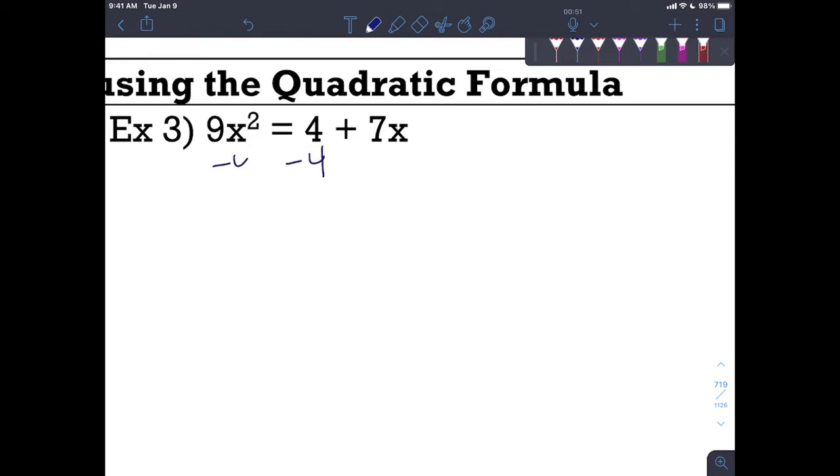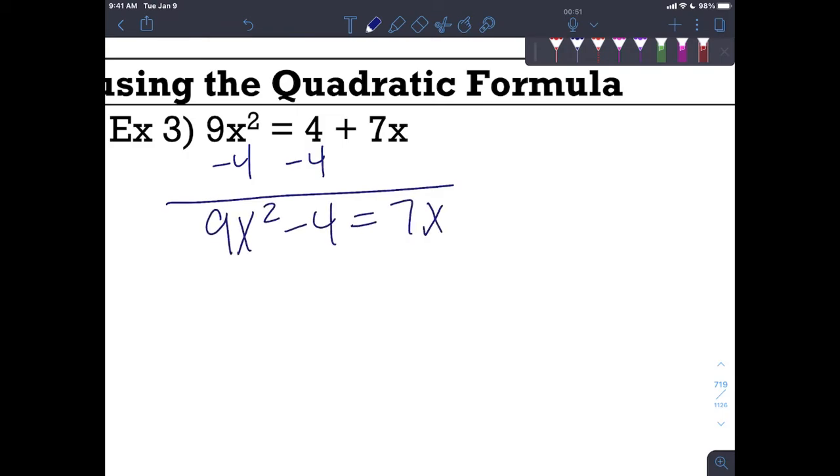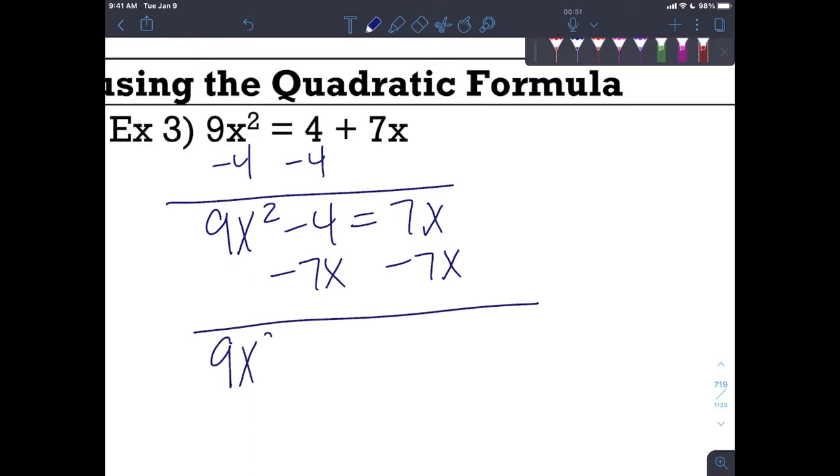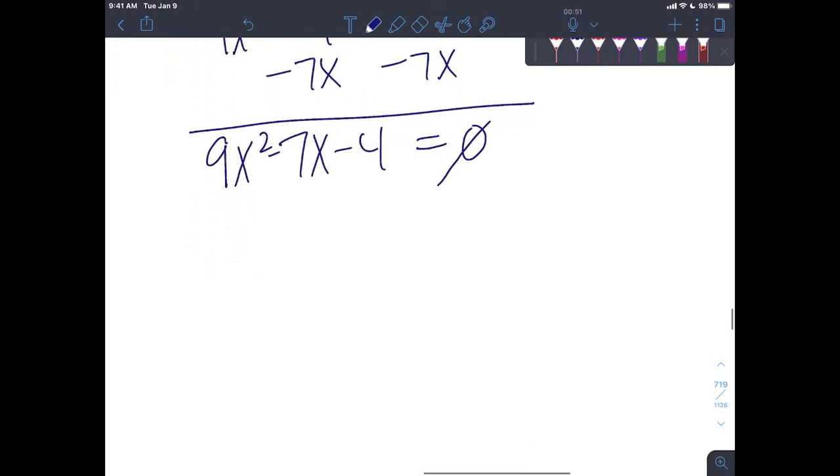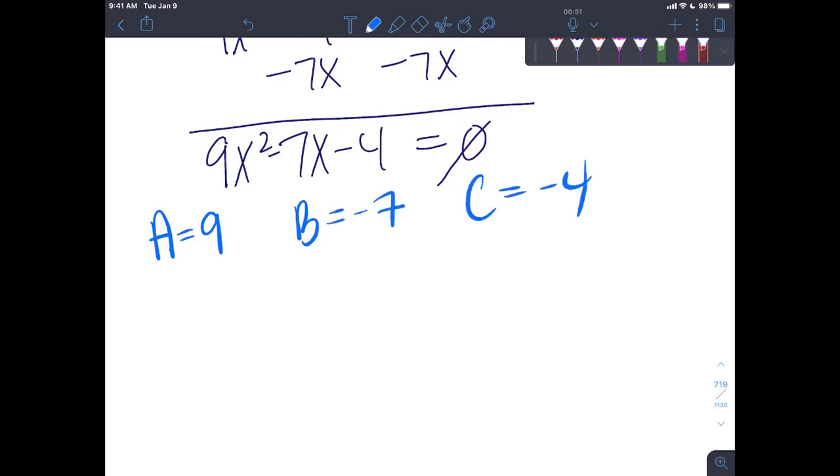So I'll move this 4 over. I'll move my 7x over. And now I'm equal to 0. Once I'm there, I can go ahead and identify my A, my B, and my C.